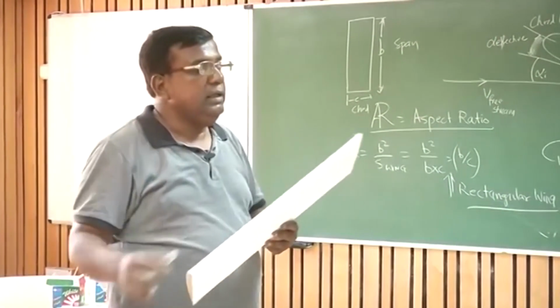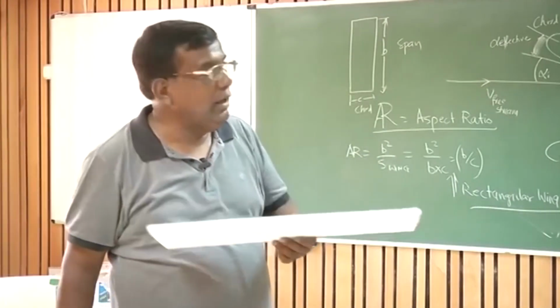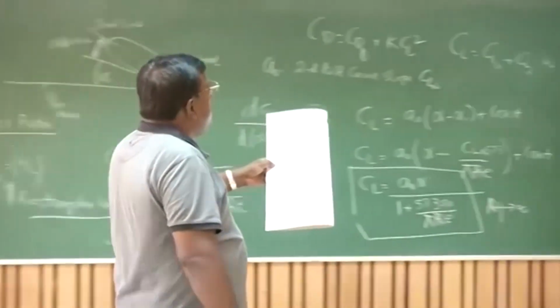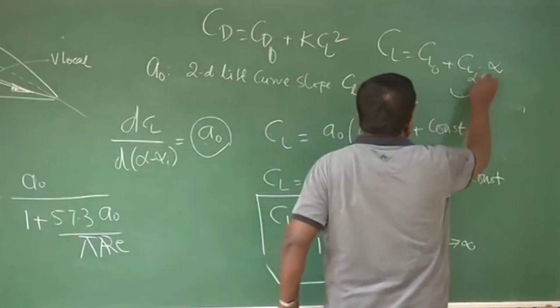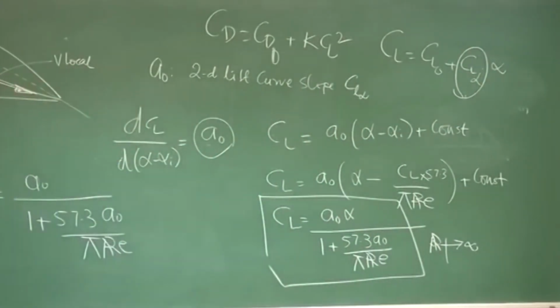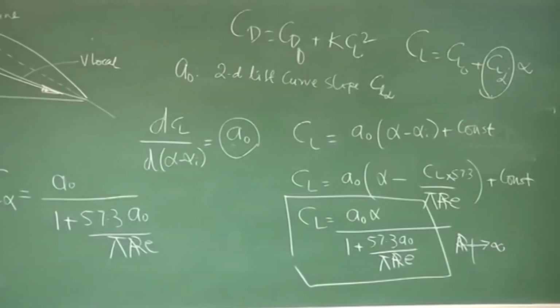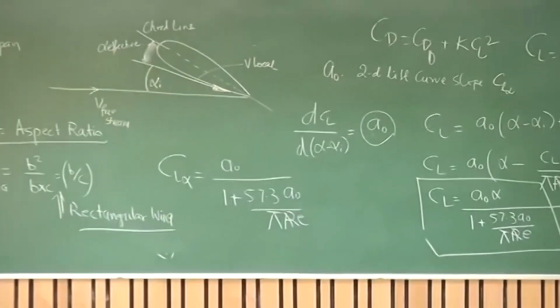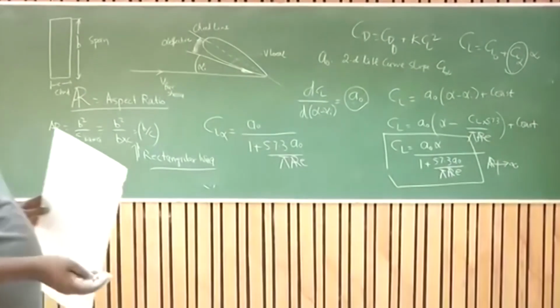But for a pilot, he has to generate that CL, so he has to turn the airplane by some angle of attack, which will be dictated by this relationship. And for the finite wing, we were trying to understand how the CL alpha of the wing is going to change with aspect ratio, right? So this is a good enough understanding for us to use for performance analysis.